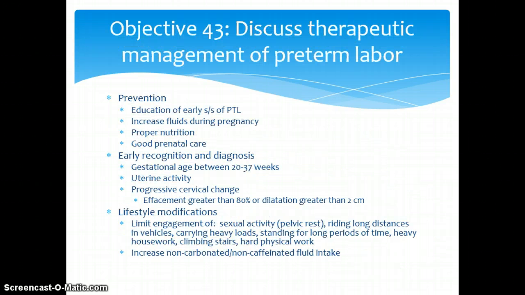Objective 43 says discuss the therapeutic management of preterm labor. Prevention of preterm labor is pretty much the biggest part. This is on page 488 in your book, which is Nursing Care Management of Preterm Labor. We need to educate the patient on the early signs and symptoms of preterm labor.